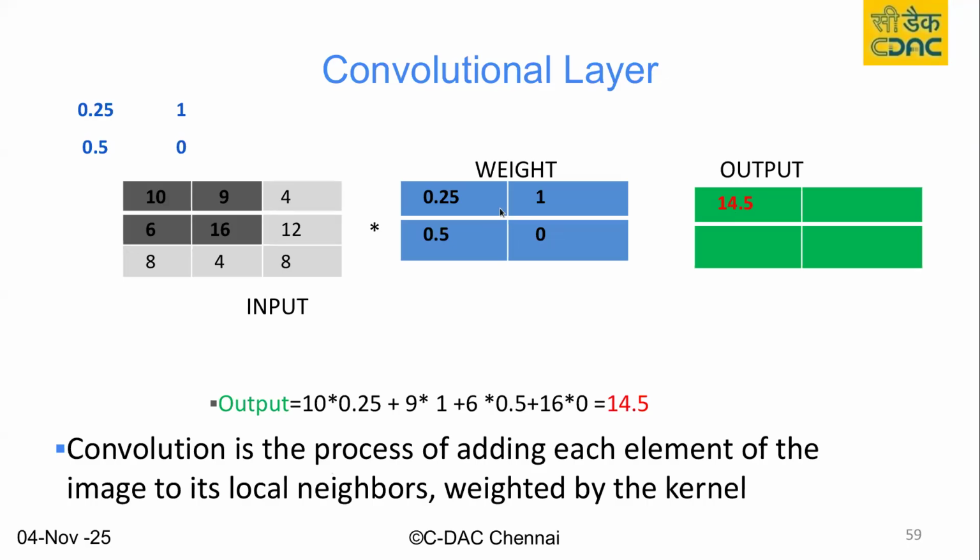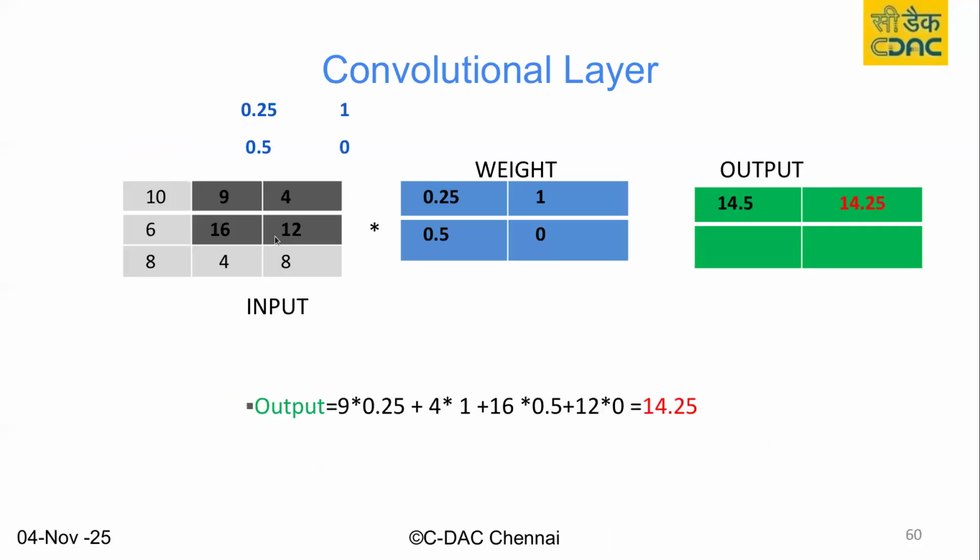So here first we have considered this 2 cross 2 of this 3 cross 3 input matrix. Next I have considered this 2 cross 2 of this input 3 cross 3 matrix. So 9 into 0.25 plus 4 into 1 plus 16 into 0.5 plus 12 into 0, I get 14.25.